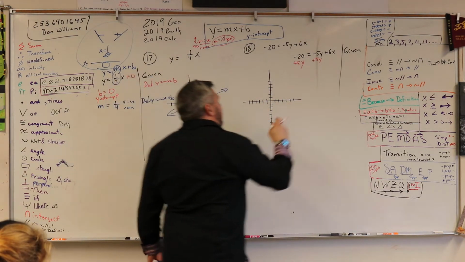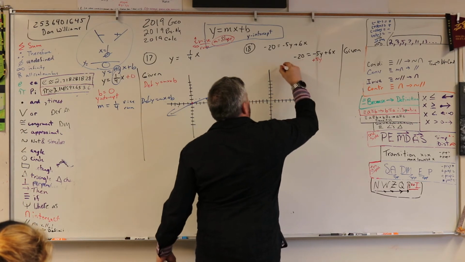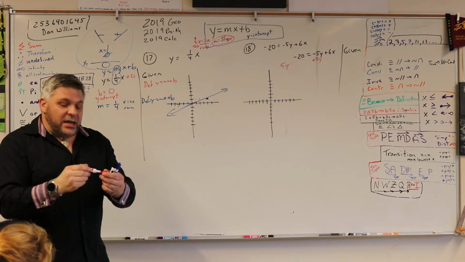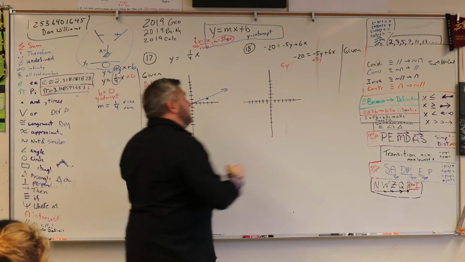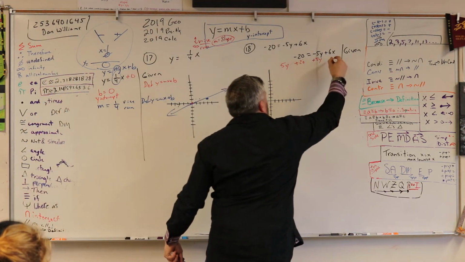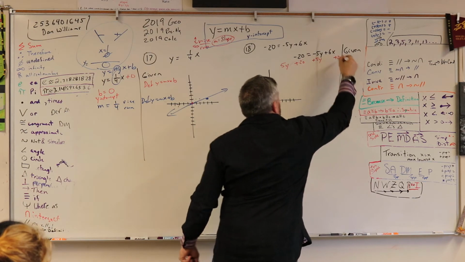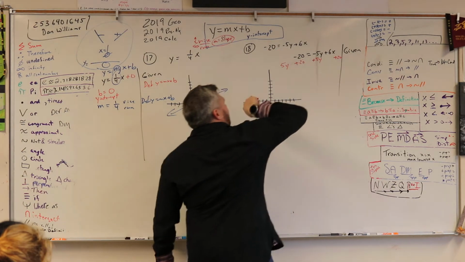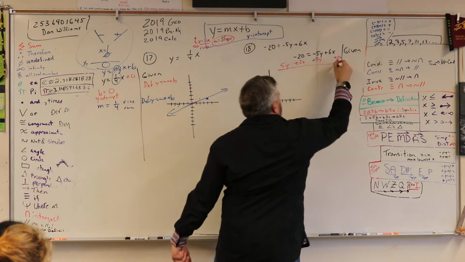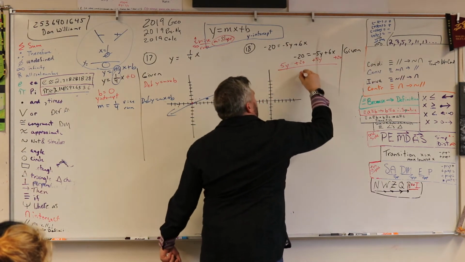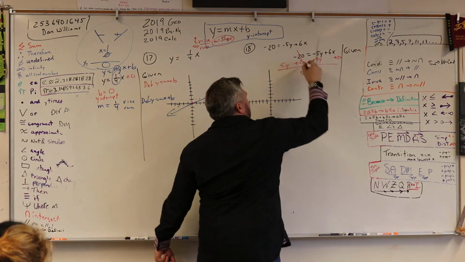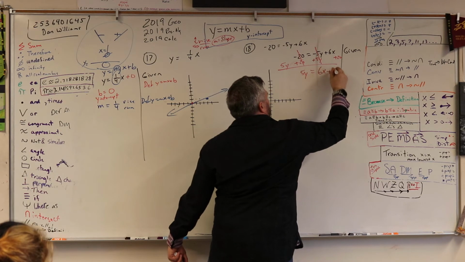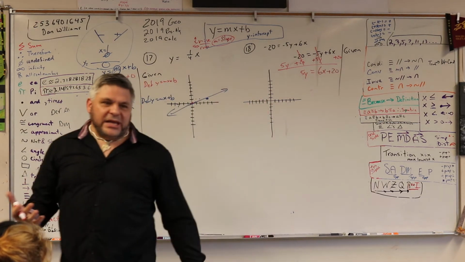Okay? And in fact, I'm going to show you a little trick. I'm going to move the 5y and the 20 at the same time. Because I want the y over here and I want the number over there, right? So I get 5y is equal to 6x plus 20. Yeah?